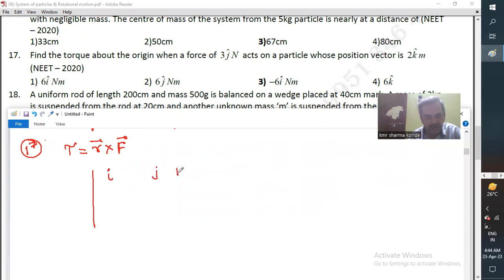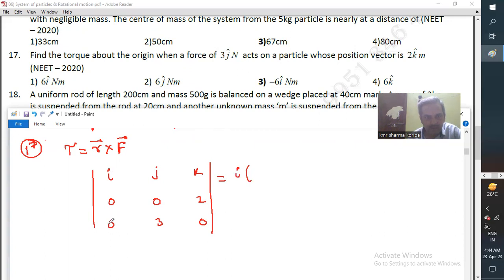I, J, K. R is 2k, making I and J 0, so this is 2. And in the force part, it is only J, so 0, 3, and under J only we can write 3. Then 0.